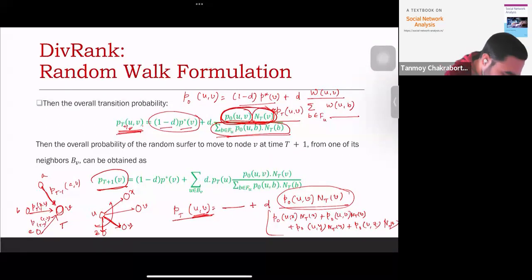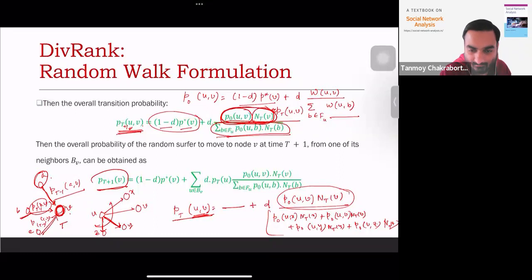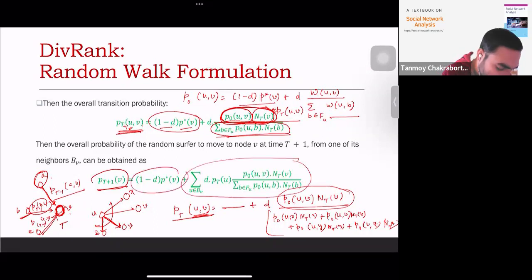So the prestige of node v at time t is what? The prestige of node A at time t-1 times this one, plus the prestige of node B at time t-1 times this one, plus the prestige of C times this one. This is one component, and v itself has some prestige, a prior probability.